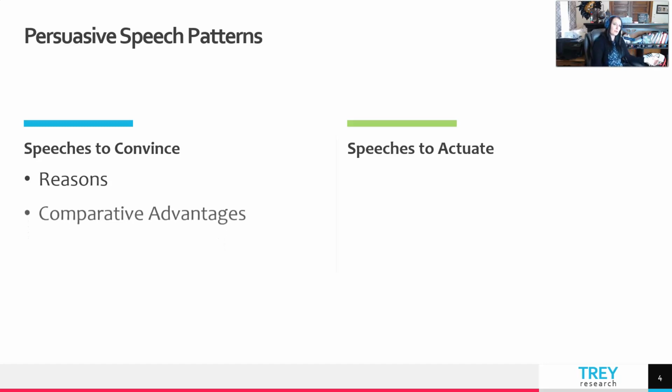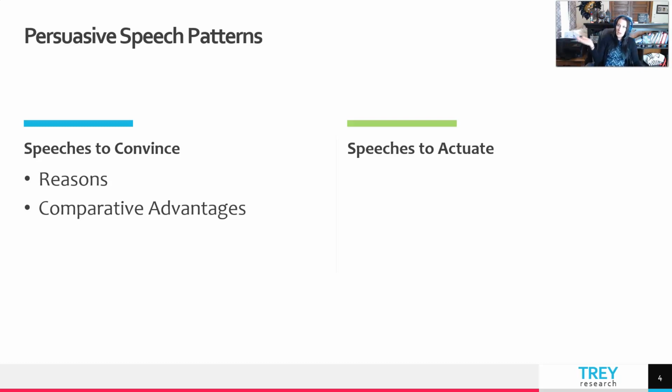The next type of persuasive speech pattern that you could use would be a comparative advantages argument. And a comparative advantages argument is when your speech compares the advantages of what we have now with the advantages of what we could have if we would change something. So this could, for example, be something like switching from gas vehicles to electric vehicles.